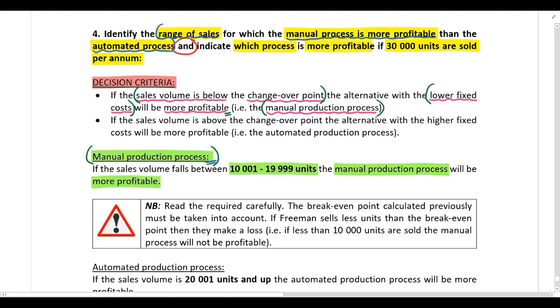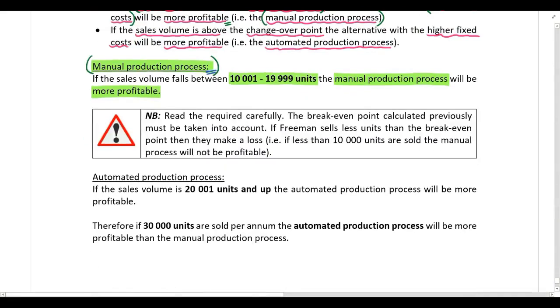Then again, go back to the decision criteria. If the sales volume is above the changeover point, so if the sales volume is above 20,000 units, then the alternative with the higher fixed costs will be more profitable. So the automated production process is the alternative with the higher fixed costs. So if Freeman sells more than 20,000 units, the automated production process will be more profitable.